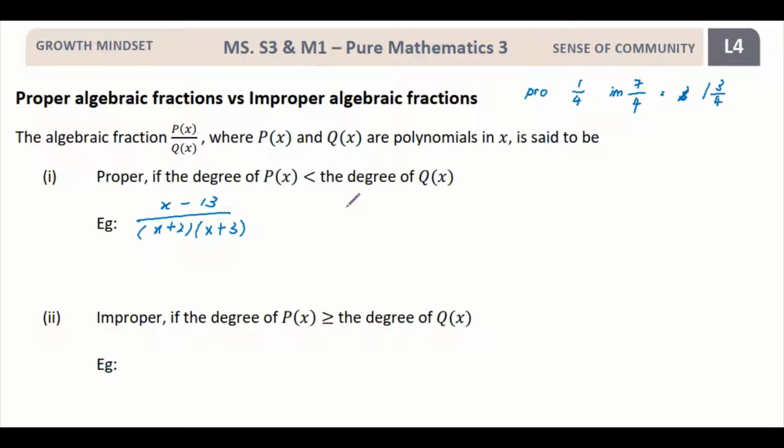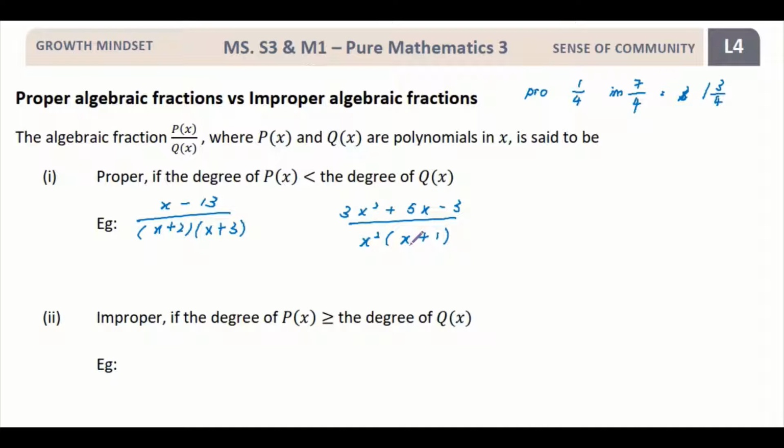The same thing if I have 3x squared plus 5x minus 3 over x squared, x plus 1. This is also proper because the degree for the numerator is 2 and the degree for the denominator is 3.